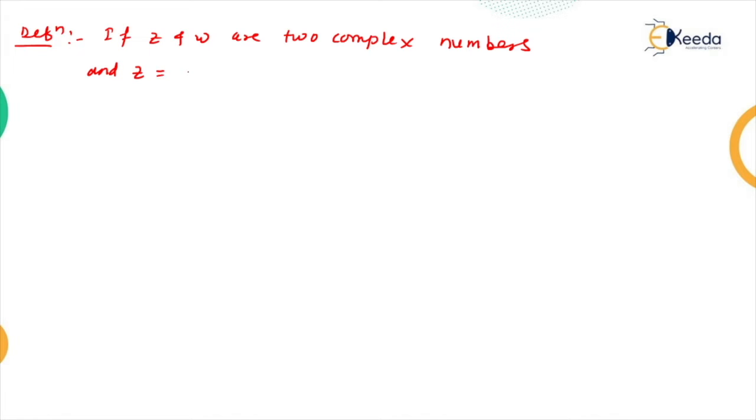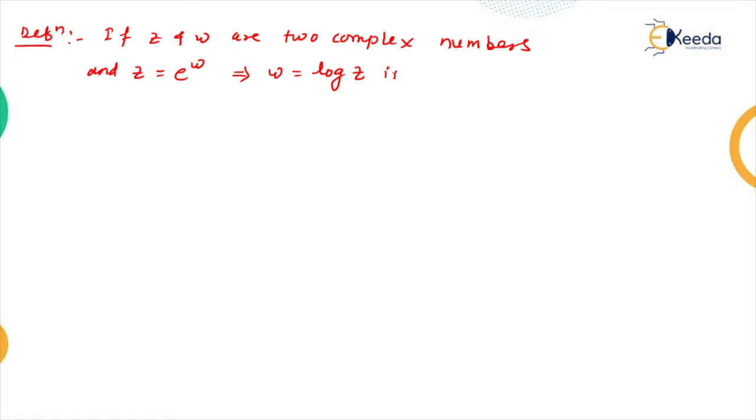If we think about the logarithm of a complex number, let me consider z and w as two complex numbers. I'm taking here the first definition of the logarithm of a complex number. If z and w are two complex numbers and z is equal to e to the power w, then w is equal to log z.